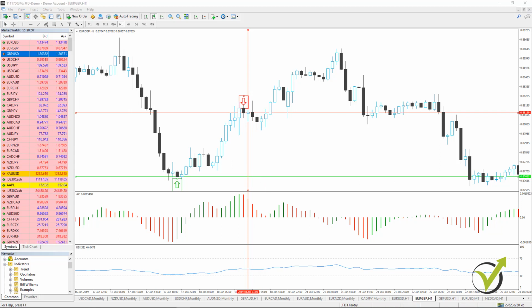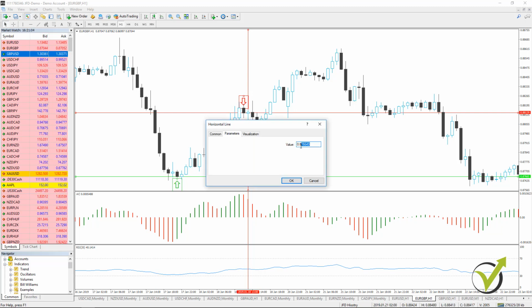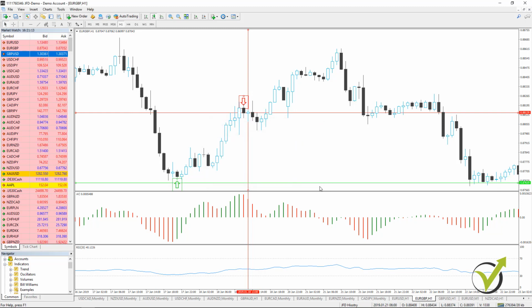What we have as a price is 0.8813, minus 52 pips, that would be 0.8761.8, sorry, 61.9. I click on OK, and here we have the take profit. And let's see where our stop loss is.